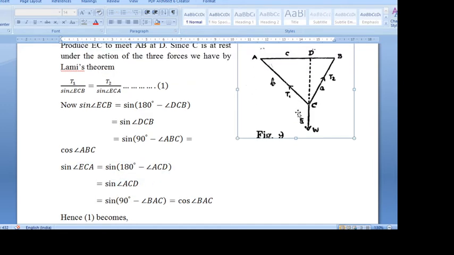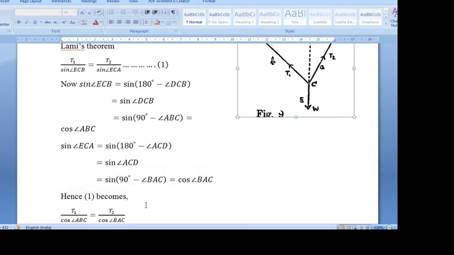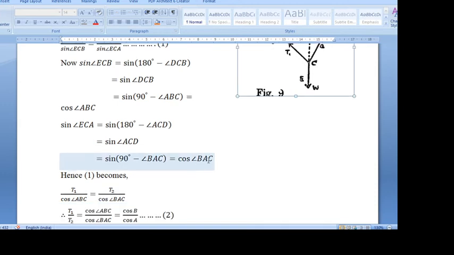Sine ACD equals sine of 90 minus BAC, which equals cos BAC, because sine of 90 minus theta equals cos theta. Here theta is BAC.